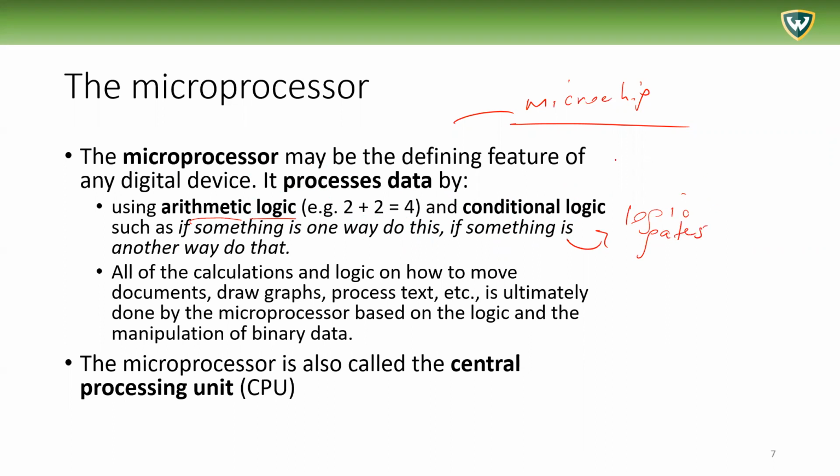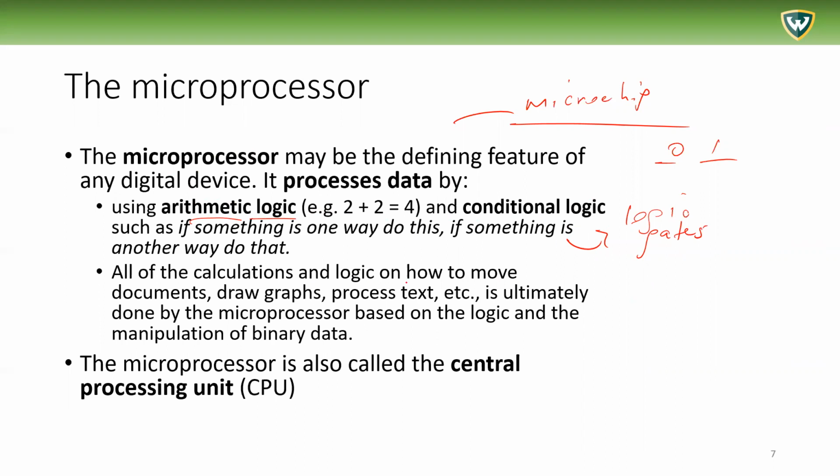On top of the zeros and ones, the binary data, there are different kinds of hardware, and more specifically the microprocessor, which needs to operate on that binary data by using arithmetic logic as well as conditional logic to direct decision-making and operations of the computer.